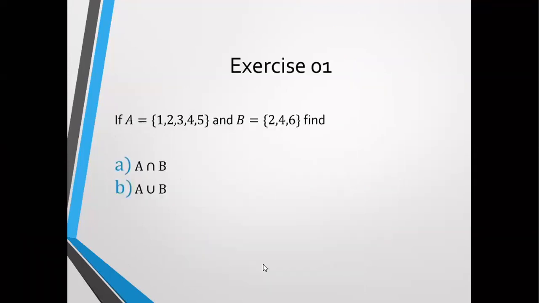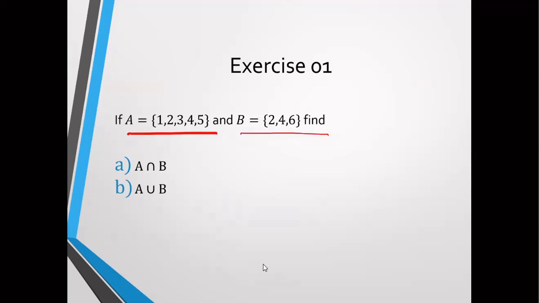Now we will do this example, exercise 1. Here you have two events or two sets. A is 1, 2, 3, 4, 5. These are the elements of set A. And again we have another set or event called B. The elements of event B are 2, 4, 6.